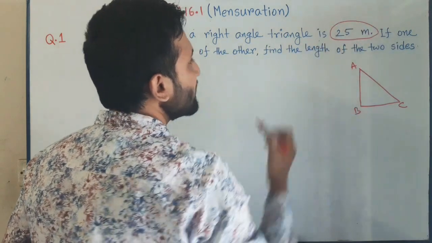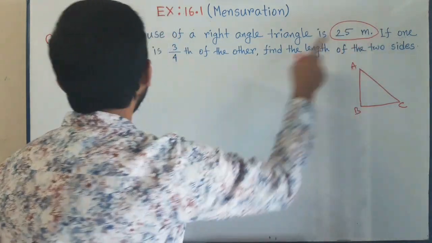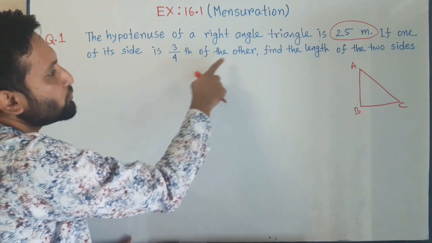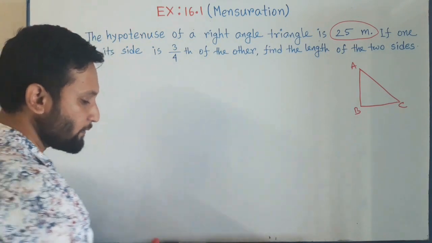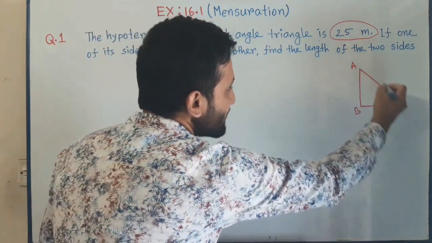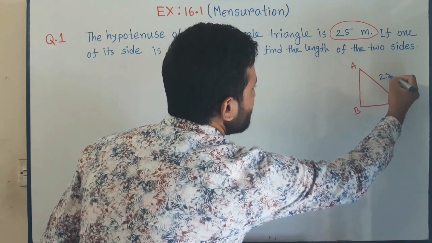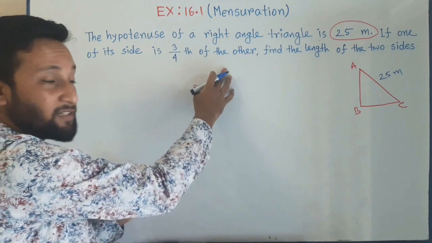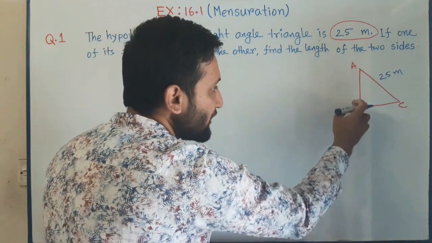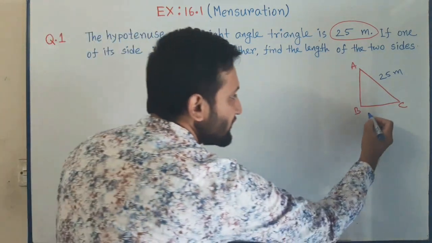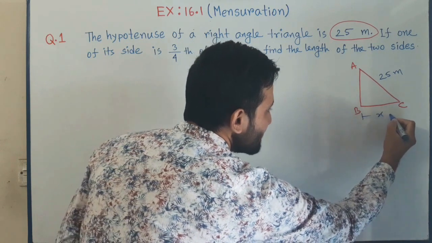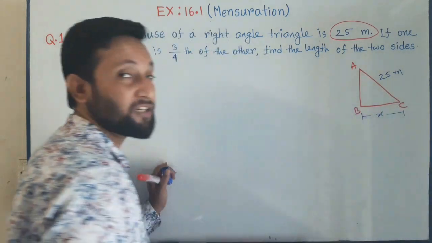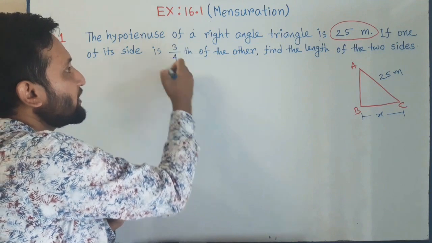So in this figure, hypotenuse AC, the length is 25 meter. If one of its sides is 3/4 of the other, then the other two sides are AB and BC. If one side is x, then according to the question, the other side must be 3x/4.